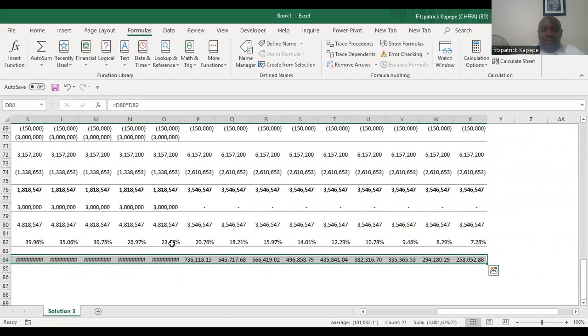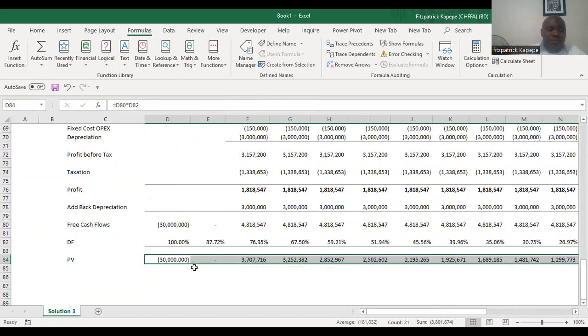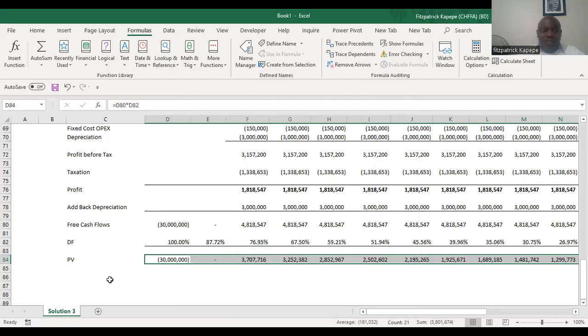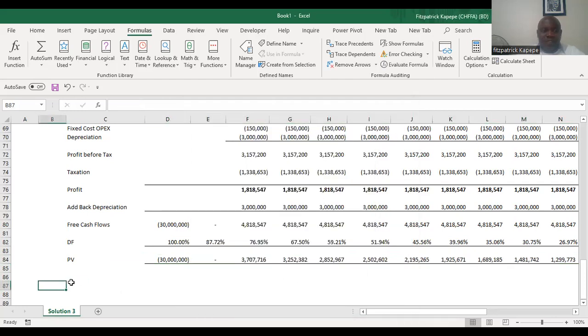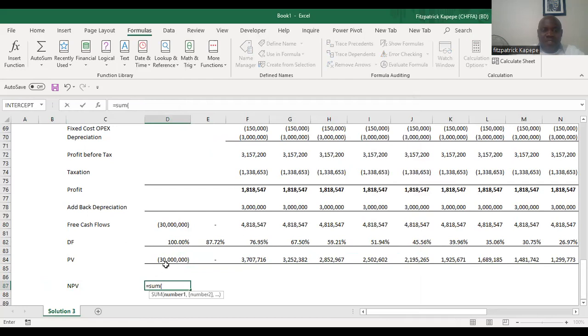Maybe I should remove the decimals. So meaning the NPV here will be the summation of these numbers.